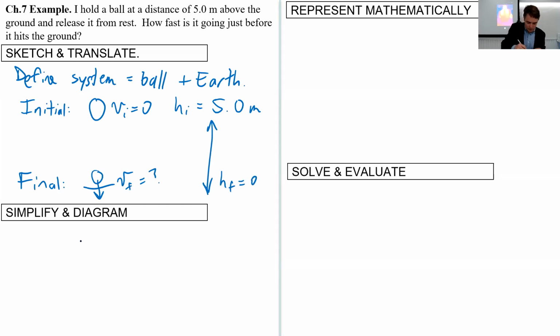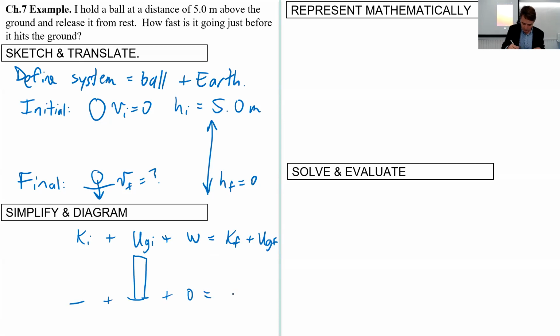And so what you're going to do is your kinetic initial plus your gravitational potential initial, because you're including the Earth, plus the work from outside is equal to the kinetic final plus the gravitational final. And the way this is going to look with your diagrams is that it starts at 0. It starts with some big gravitational potential.